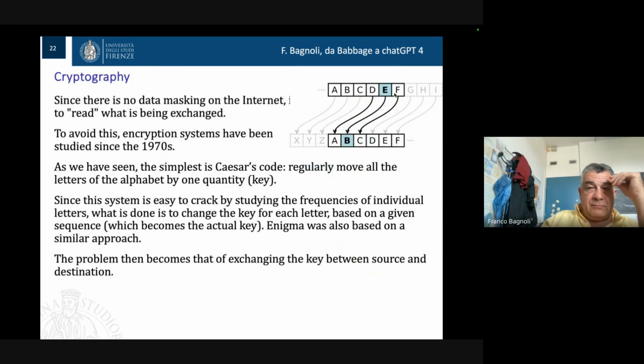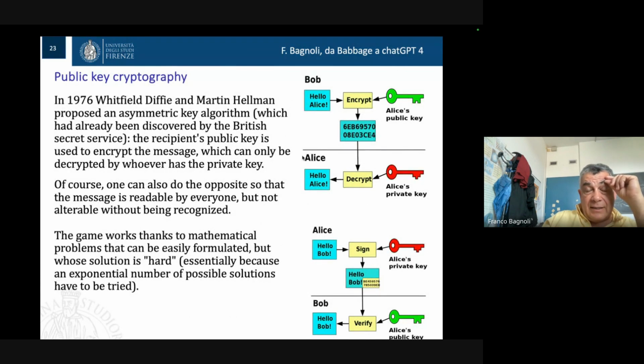Cryptography can be quite secure. The problem is how to exchange the key in order to be able to understand the code and decode messages. And this was the main problem until the discovery of public key cryptography.